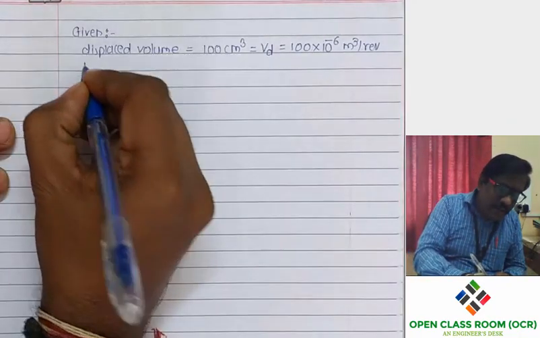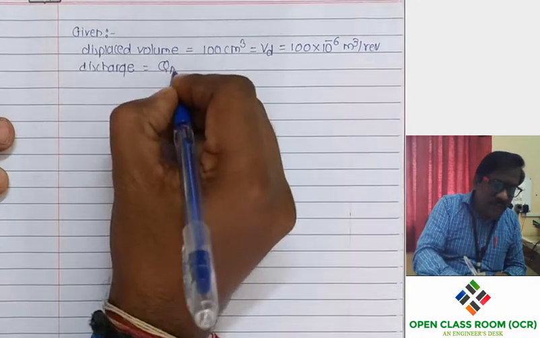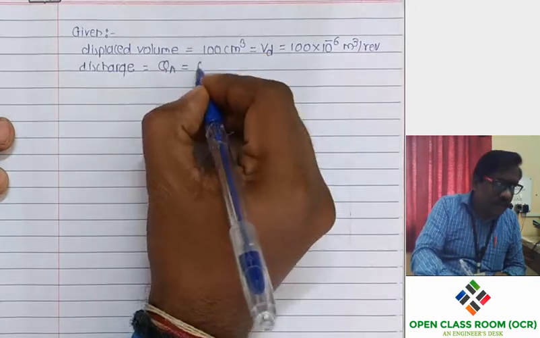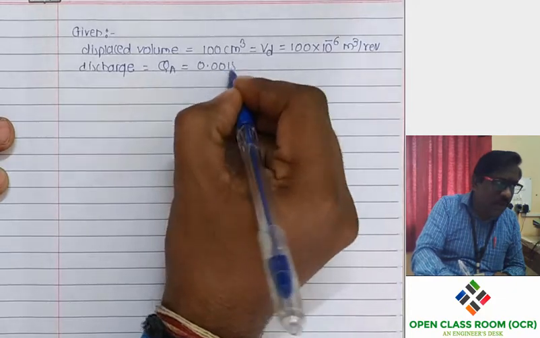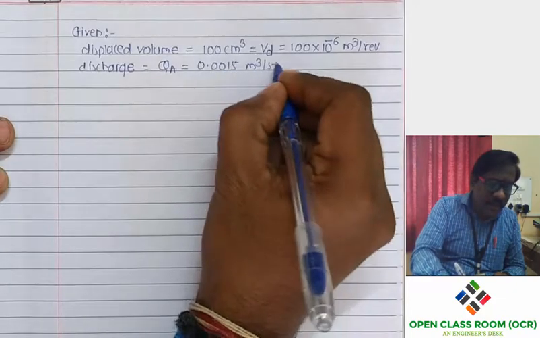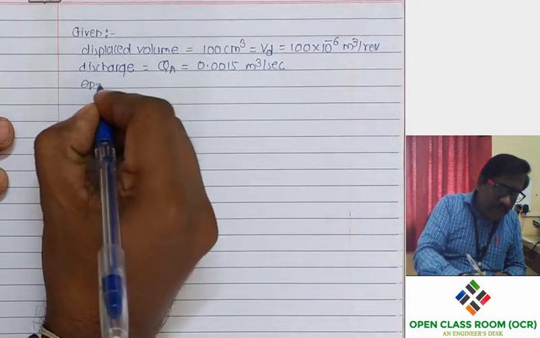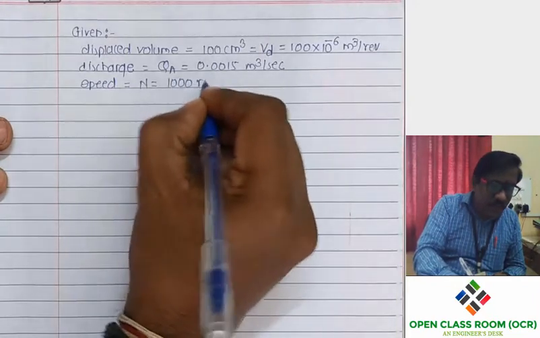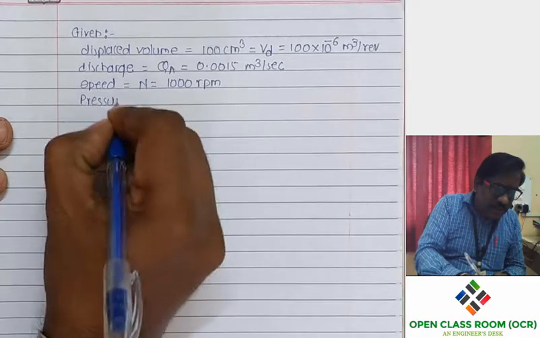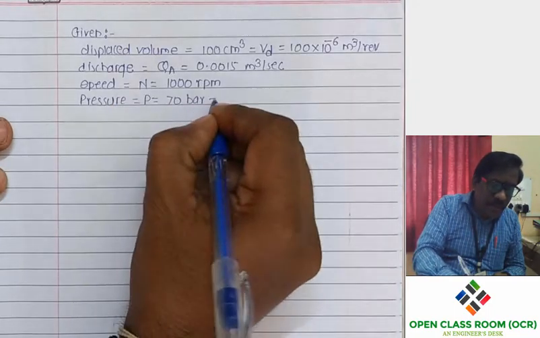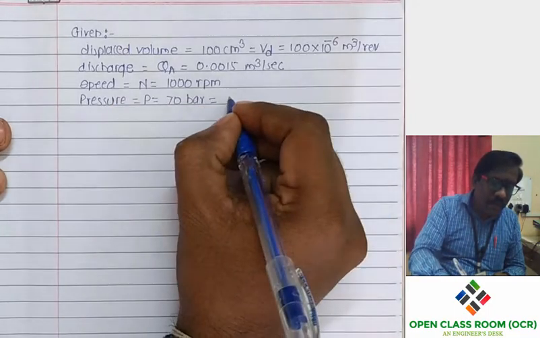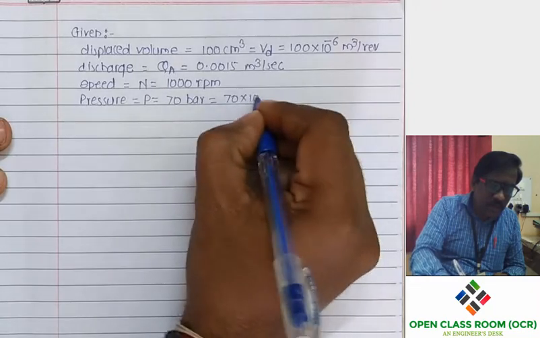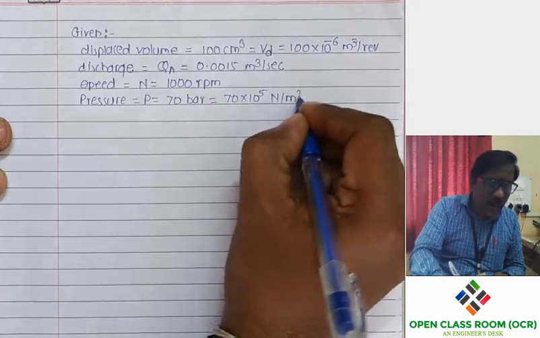Second, we have a discharge. This discharge is the actual discharge by the pump. It is 0.0015 m³/s. The speed at which the pump delivers this discharge is 1000 rpm, and the pressure is 70 bar. Let us convert this 70 bar into Pascal: 70 × 10^5 N/m², or Pascal.